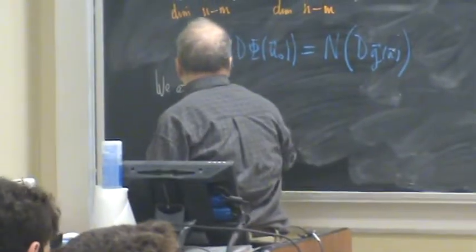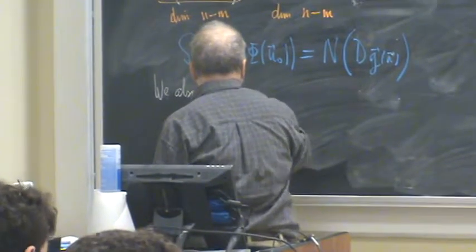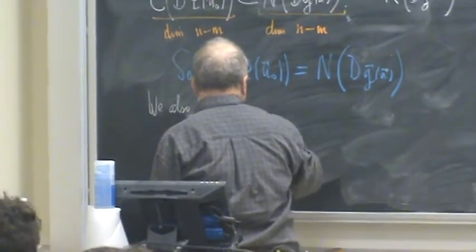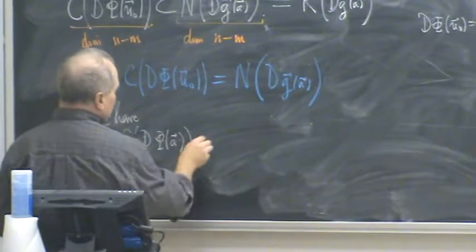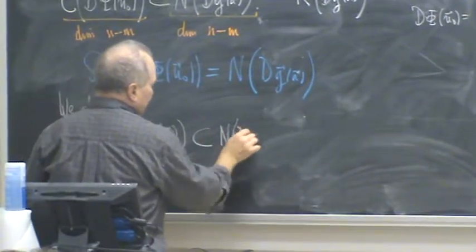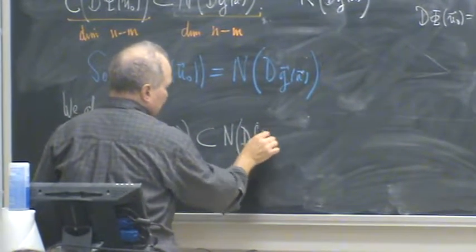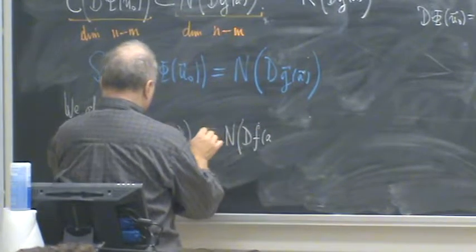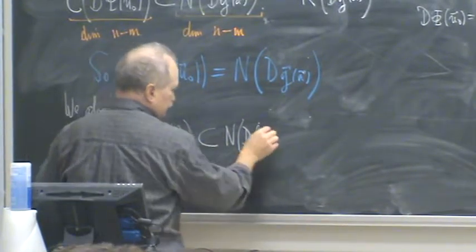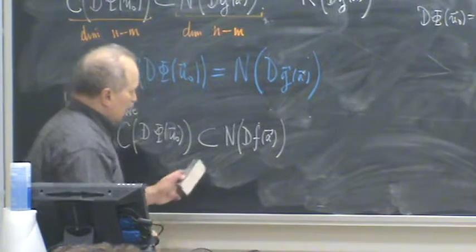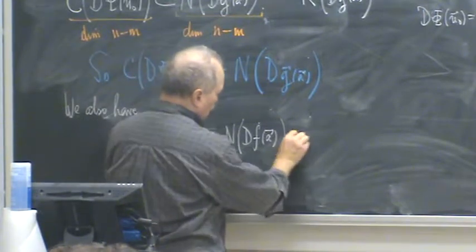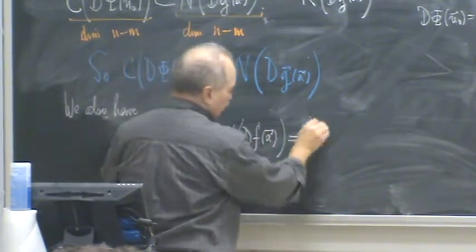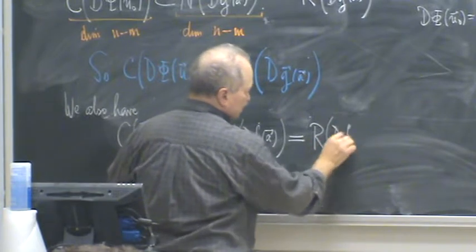So doesn't that mean that the column space of d phi of A is in the null space of df at A? And what's the null space again? It's the perp of the row space.